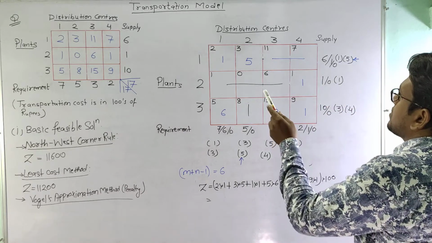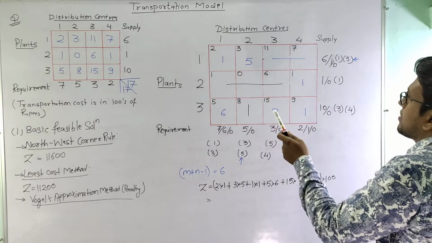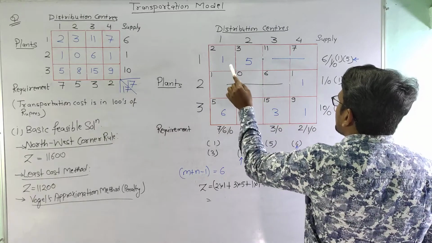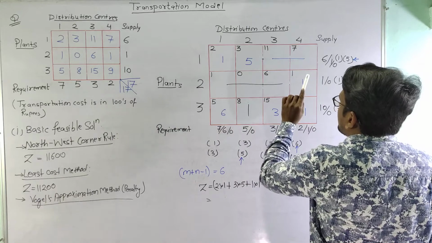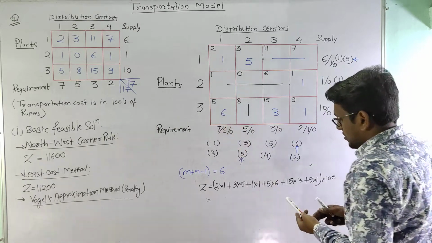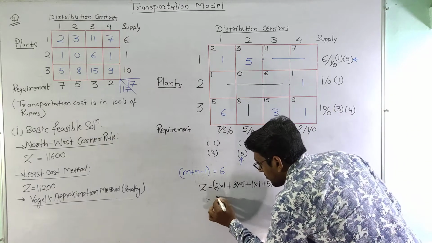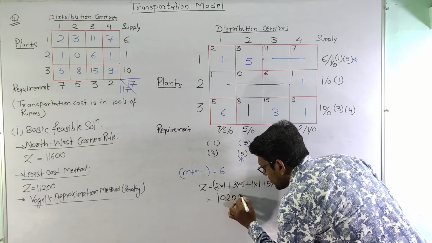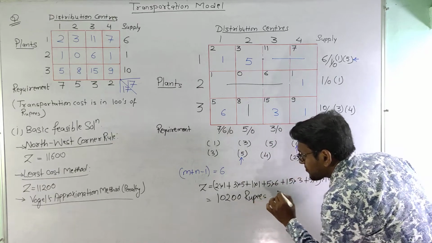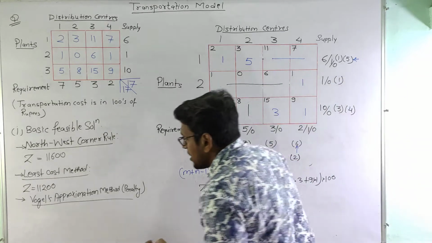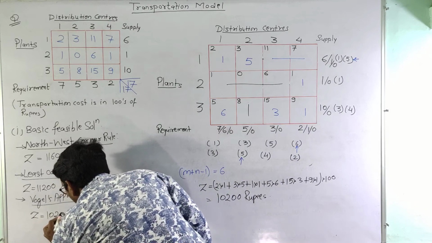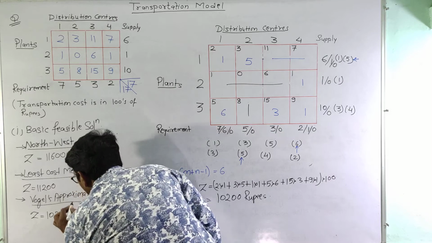Again, 5, this will be 15, 45, 60, 62 and 72 and 30, 102. So this will become 10200 rupees. So the value of z coming here is 10200 rupees.